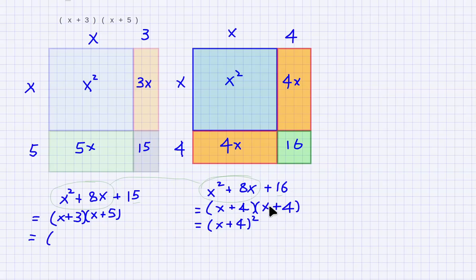And we could write this one as x plus 4 squared. So this is actually a square, although this is a rectangle and not a square. This is actually a square, the same width and height. So we express it as a square. And over here, we notice that this thing is actually this thing minus 1.